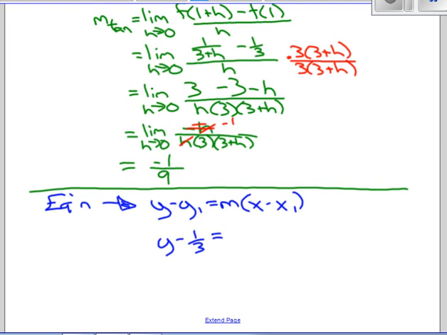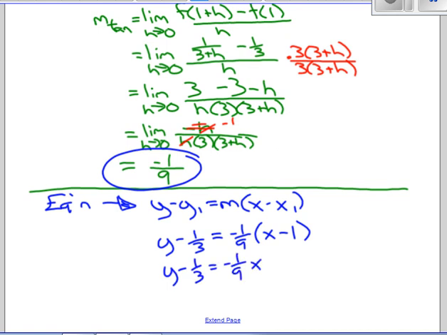The slope is right here. That's negative 1/9 by x, and x1 was the number 1. Okay, negative 1/9 x plus 1/9. Move that 1/3 over, and we'll get plus 4/9 rather.